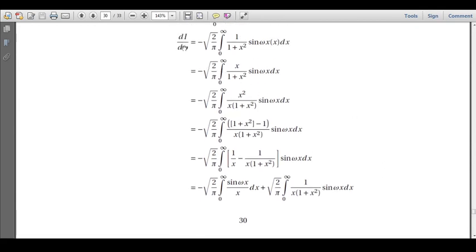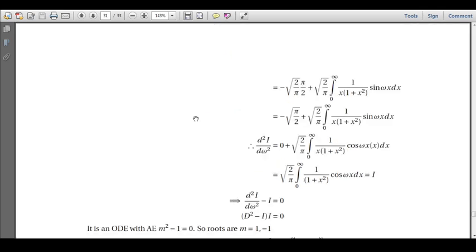Di by d omega is equal to minus root of 2 by pi integral 0 to infinity x by 1 plus x square sin omega x dx. This expression, without the minus, is now the Fourier sine transform of this function. Additionally, there is a negative. We put this negative to the left side. So the Fourier sine transform of x by 1 plus x square is equal to minus di by d omega. We are going to use that.